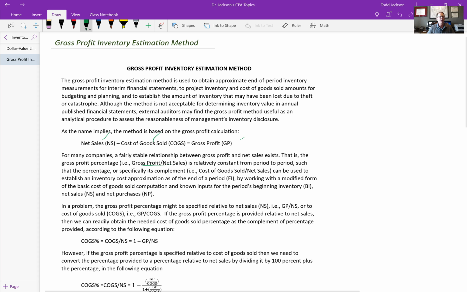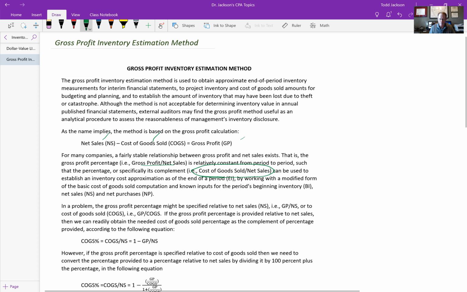So even though it's called the gross profit method and we have a gross profit percentage that's provided to us, we'll find that really it is the complement of the gross profit percentage based on net sales that we are really interested in terms of being able to estimate the cost of goods sold for the period and hence determine the ending inventory.